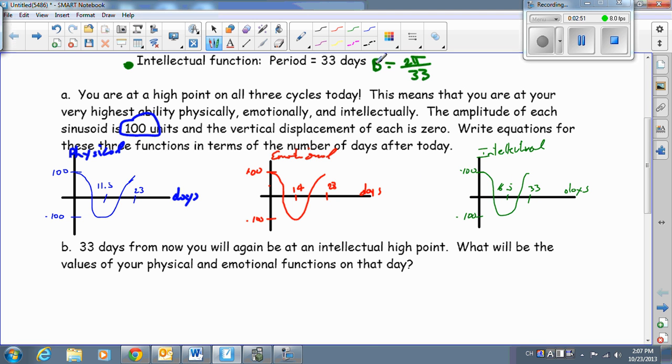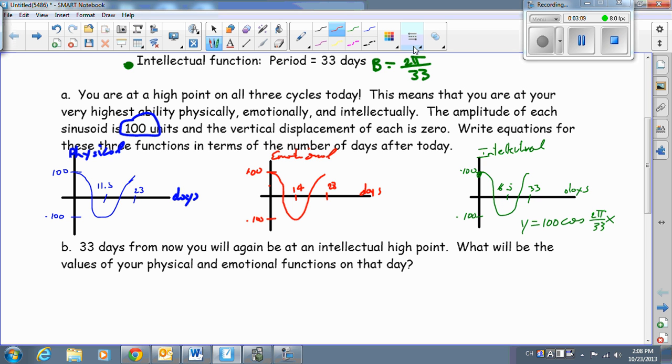For the last one, I will have y equals, since there's no up or down shift, I will just write 100 because I'm picking this point above here. I will do cosine, and my b is 2 pi over 33. There's no left and right shift, so I just put x.